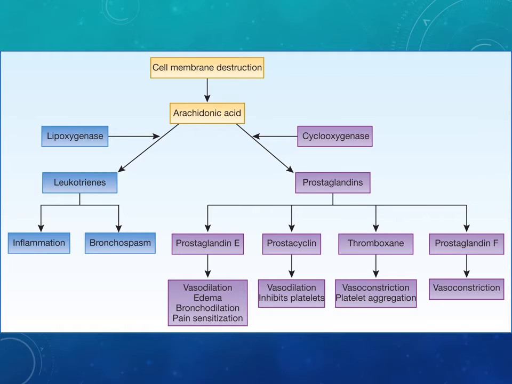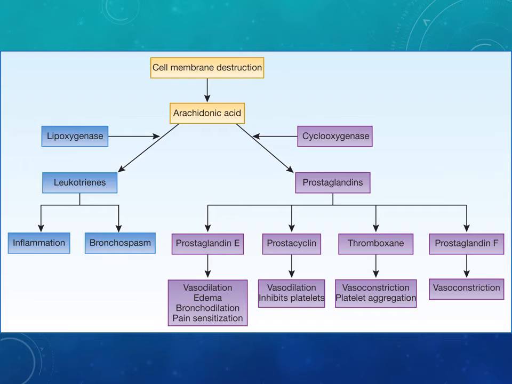This diagram shows the action of NSAIDs, and although the exact mode of action is not really known, we do know that the major mechanism is thought to be inhibition of cyclooxygenase activity and prostaglandin synthesis. The inflammatory response is the same regardless of injury.